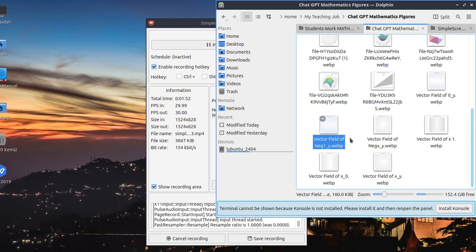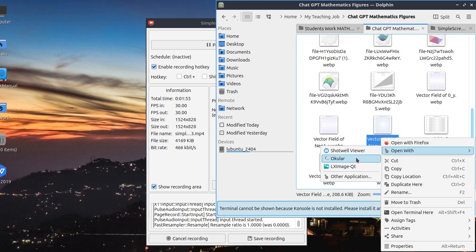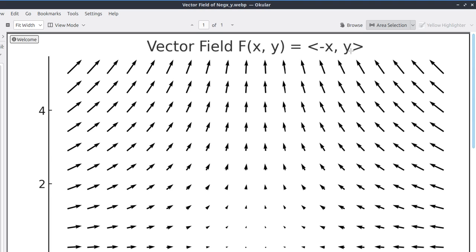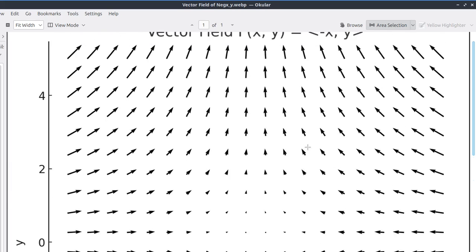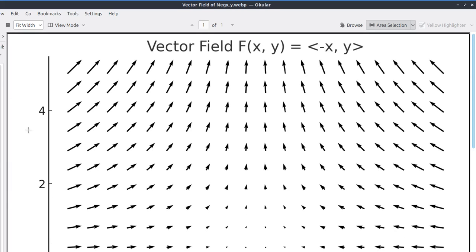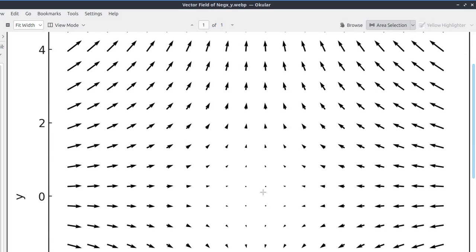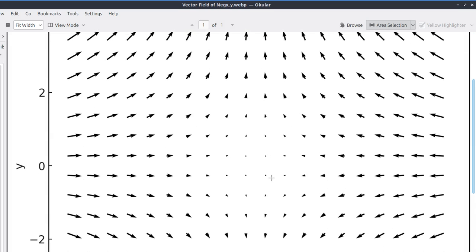Let's look at another one. It's a vector field negative x, y. Alright, negative x, y. Interesting. Now here, you have, for example, in this case, x would be zero along here.